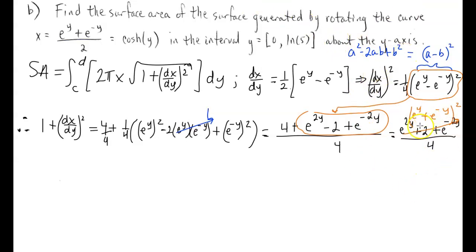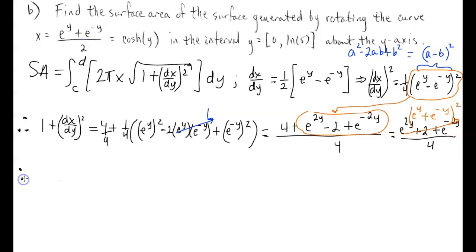And so we're going to go ahead and do that in the next step. But the whole entire numerator can be written as e raised to the y plus e raised to the minus y, and those two terms added together, quantity squared.